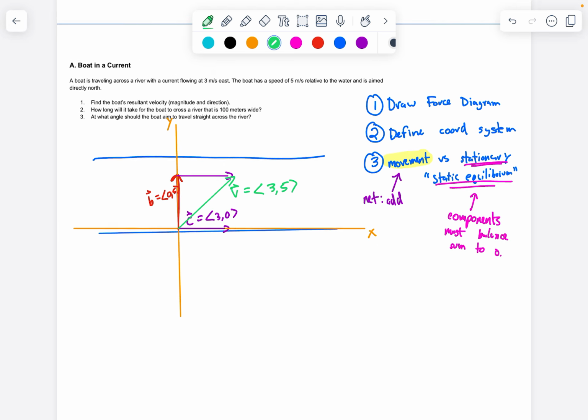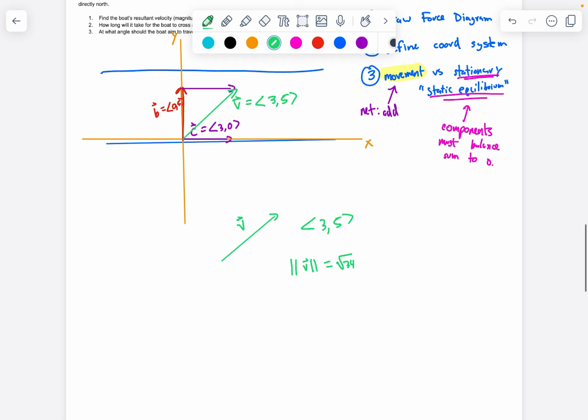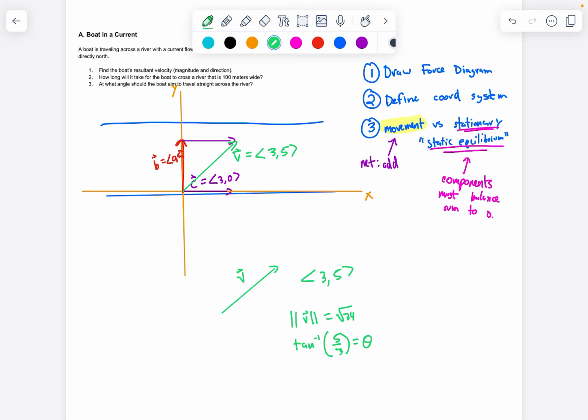So the velocity vector V has components 3, 5. Its magnitude is the square root of 34. And its direction is tan inverse of 5/3. Okay, we could evaluate that, but I'm not going to.